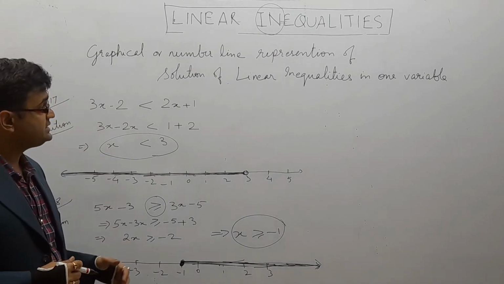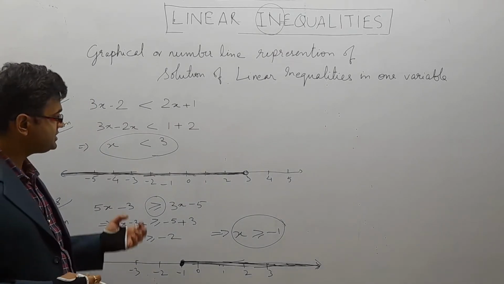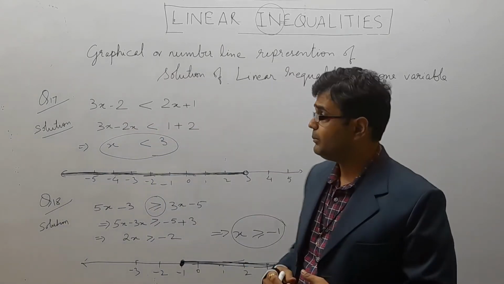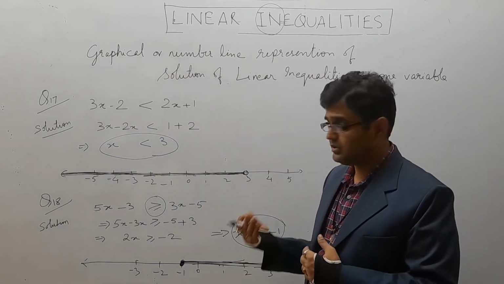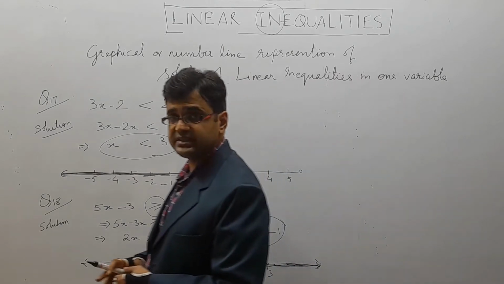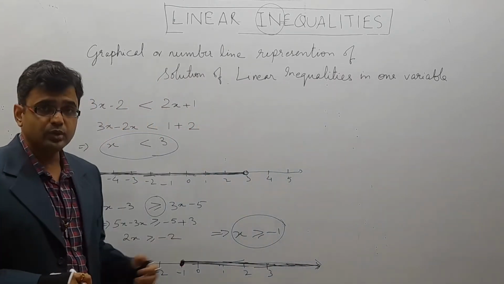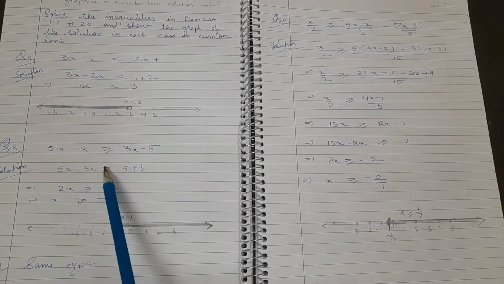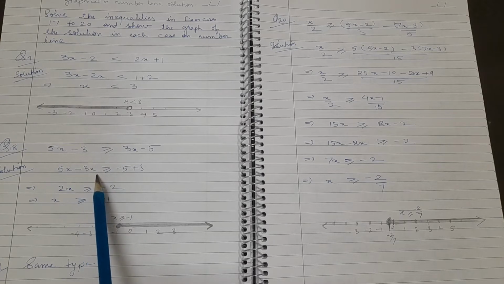In this exercise, the remaining questions pertain to this concept and the word problems. In word problems, we will make an inequality and then we will solve it. So let us move to our exercise 6.1 and solve the remaining questions. We have seen these two questions, 17 and 18.